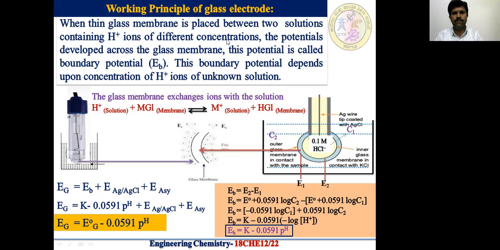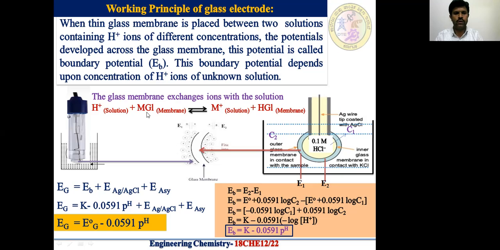When the thin glass membrane is placed between the outer solution and inner solution, containing H+ ions of different concentrations, that is 0.1 molar HCl inside the bulb and X molar outside the bulb, then a potential develops across the glass membrane.